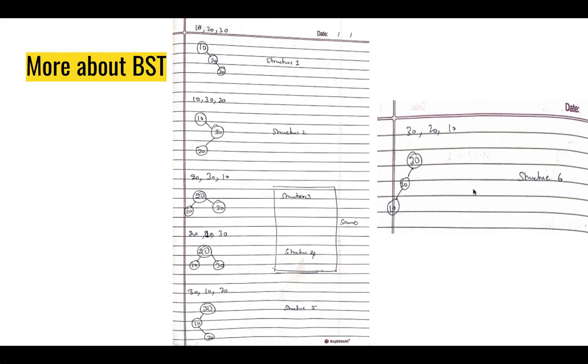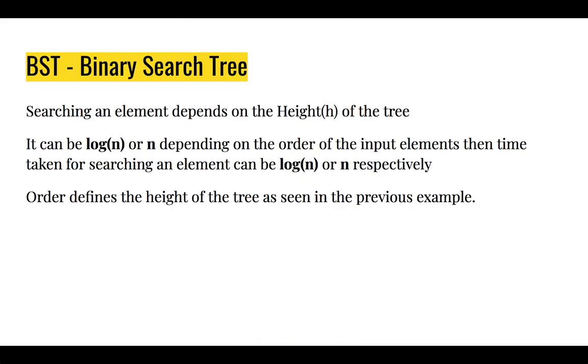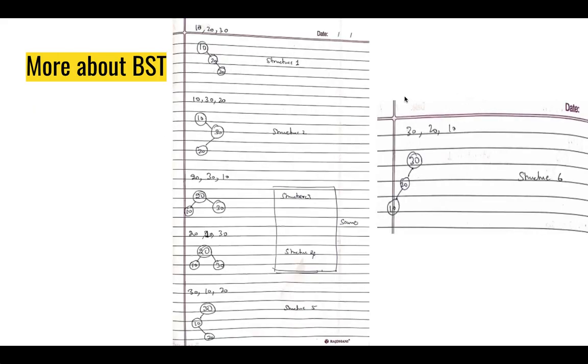Now what are we trying to understand here? What we are trying to identify here is searching of an element in a BST depends on the height of a tree. It can be log n, it can be n. Basically this particular thing is defined by the height of the tree and the order of your input, as seen in this example.